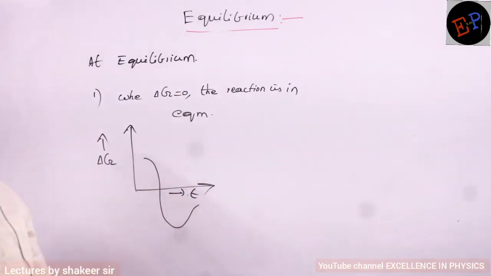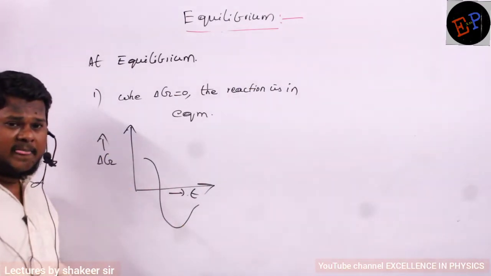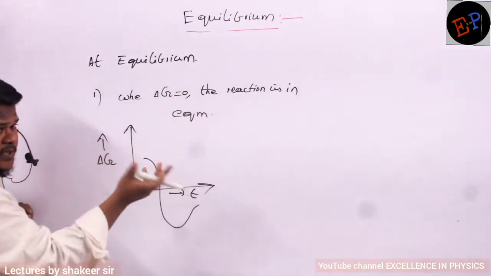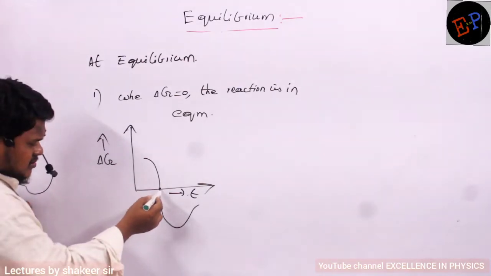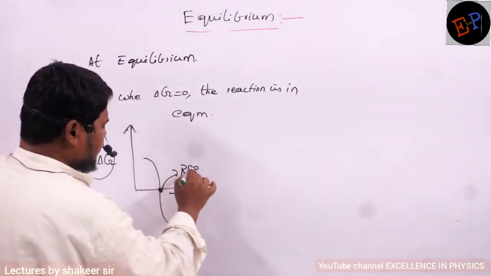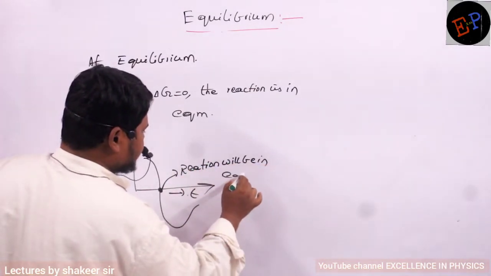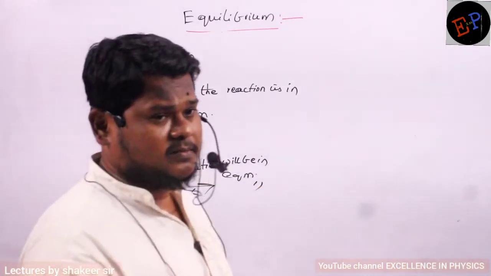In this graph, where is the equilibrium? When delta G becomes 0, then reaction is in equilibrium. Delta G is 0 at this position. So here I can say reaction will be in equilibrium. This is the position where reaction will become equilibrium.